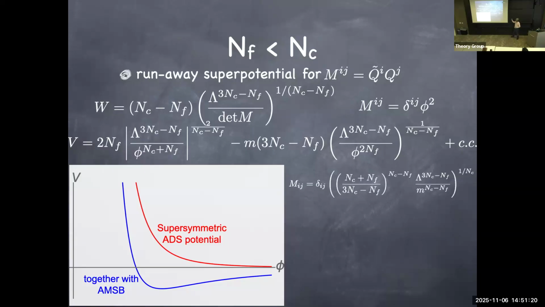And second, the ground state at the minimum of this blue potential has the meson field non-zero in such a way that turning off supersymmetry breaking, sending M to zero, would bring the meson field to infinity, so you can go back to Seiberg's result that way. So there's nothing inconsistent with it.